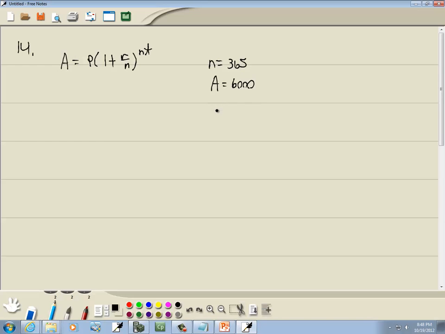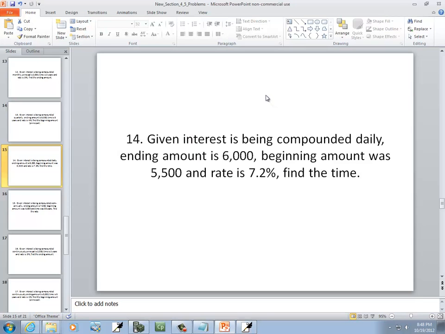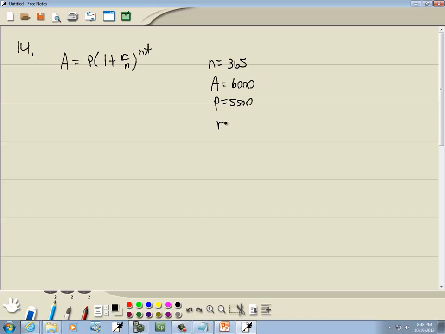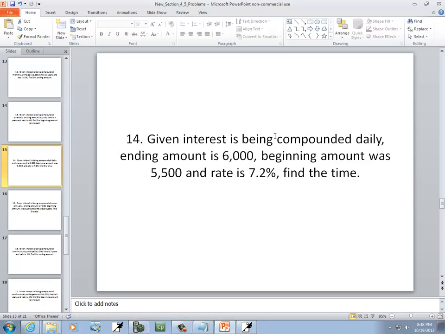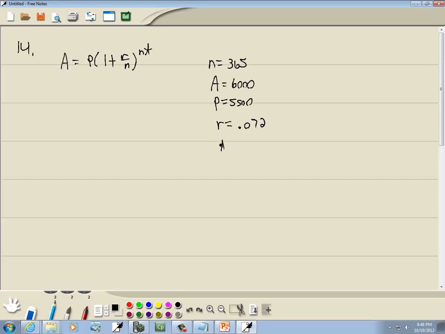Beginning amount was 5,500, so P is 5,500. Rate is 7.2%, and I'll put that in decimal: 0.072. And it says find the time. In case you're wondering, I'm going through this formula and solving for all of the variables: A, P, r, and t. We never solve for n. That never makes any sense. So let's plug in what they give us.